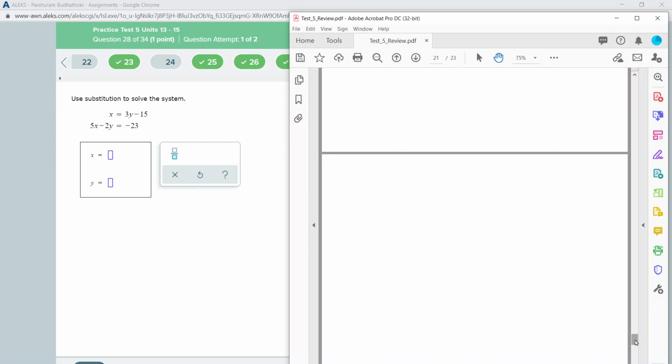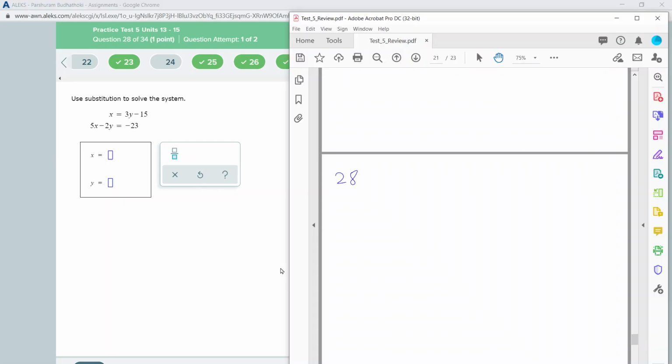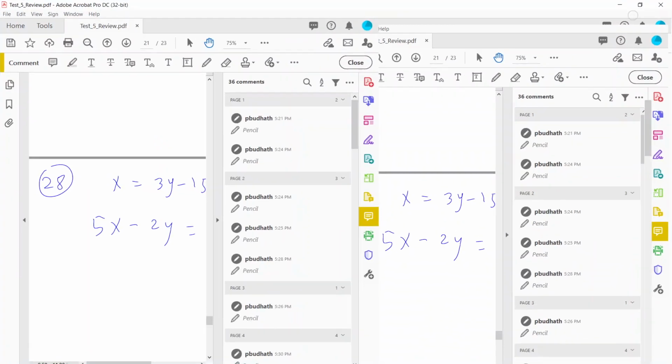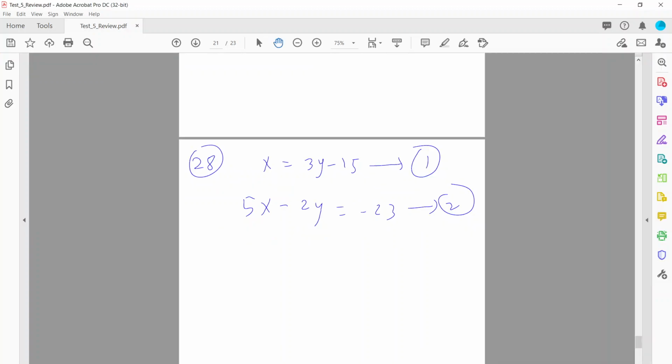Okay, so this is problem 28, and for the substitution, first of all you need to find one variable, and it is already given. X is equal to 3y minus 15, and you are going to substitute this value of x in the second equation, which is 5x minus 2y equal to -23. So I'm going to replace this x by 3y minus 15.